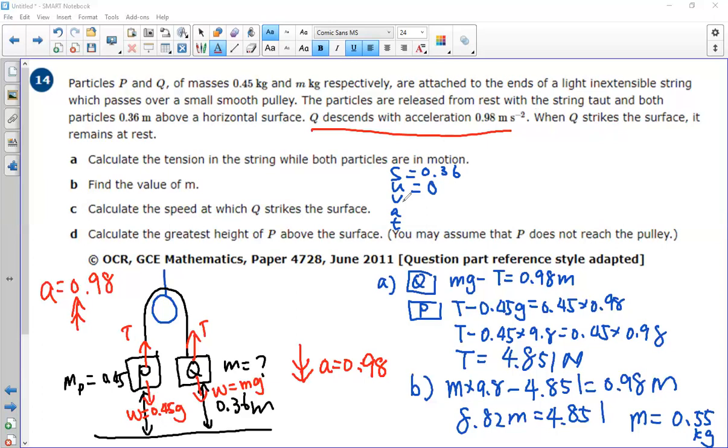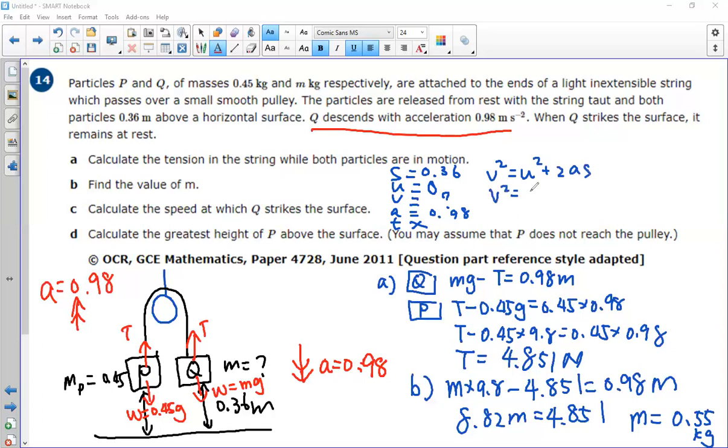We don't know the V, that's what we're looking for. And A is 0.98. Time is unknown, cross it out, so we can work out V. We have to use V squared equals U squared plus 2AS.